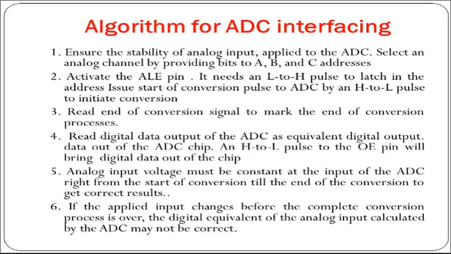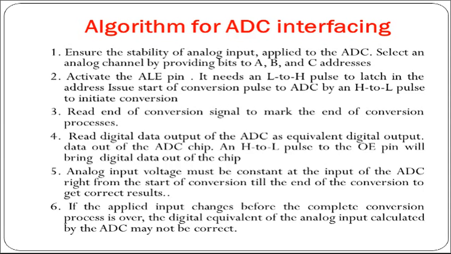Select the analog channel by providing the bits on the address lines, address A, address B and address C. Activate the ALE pin. It needs a low to high pulse to latch in the address. Issue the start of conversion pulse to the ADC, which is a high to low pulse, to initiate the conversion.